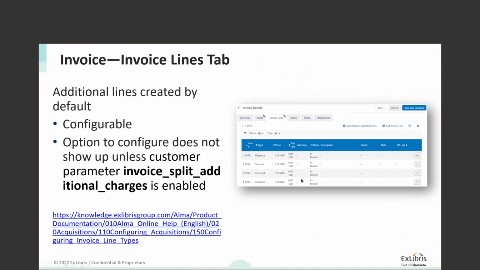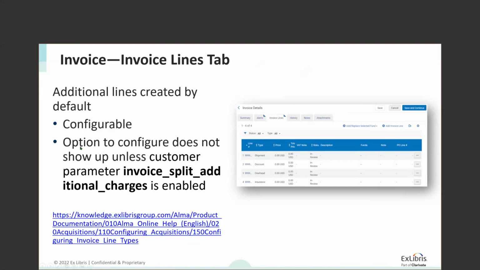Okay, so this slide is talking about where to go and change these options if you don't like these lines being created automatically. Like I said, by default, typically this is how your environments are configured.